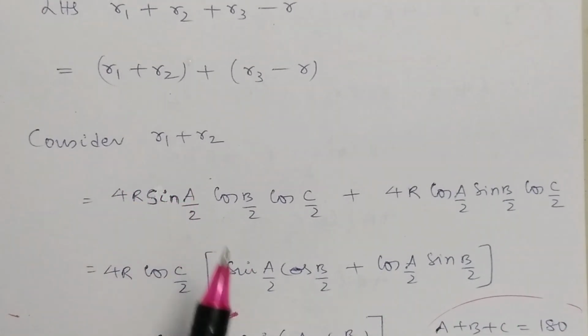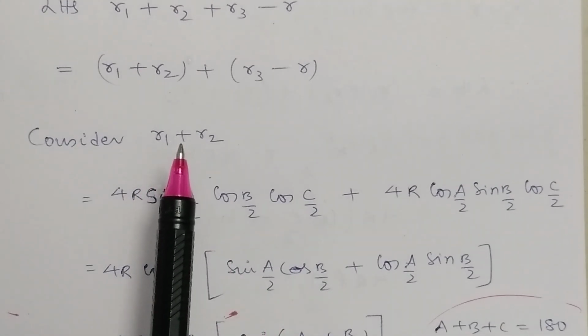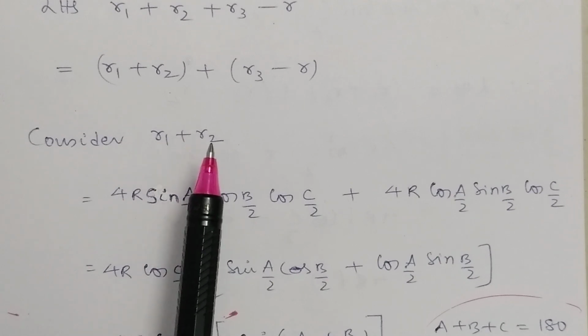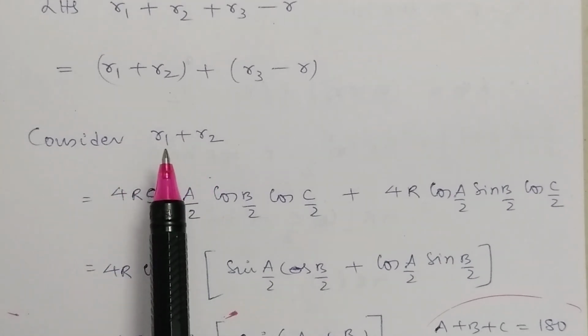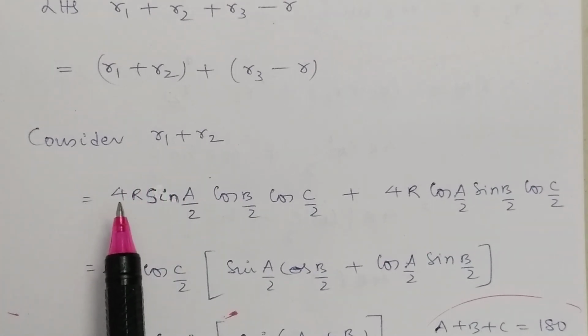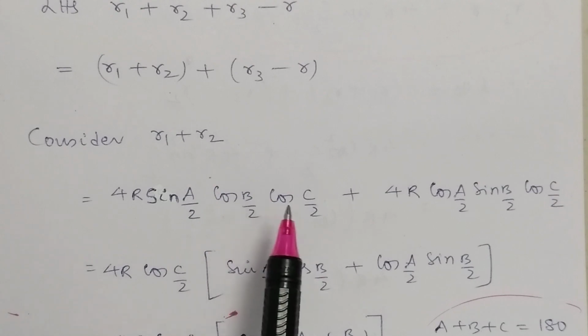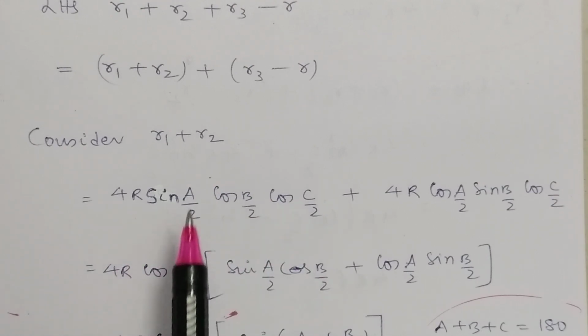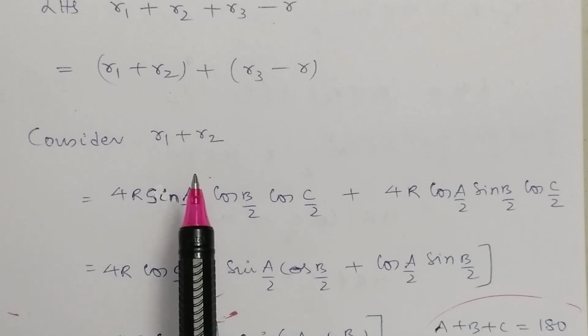You have to remember the procedure and you have to remember its answer as a formula also. R1 plus R2 is how much? The R1 formula is 4R sin A by 2 cos B by 2 cos C by 2. The formulas of R1, R2 and R3 are easy to remember.